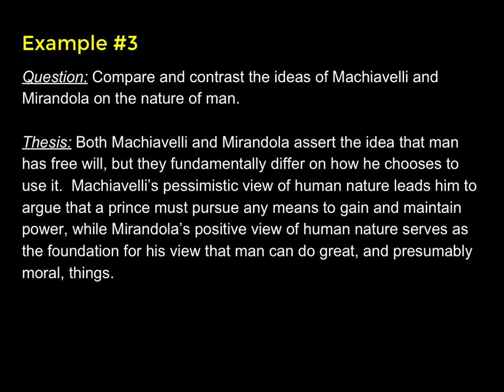So, how would you organize this essay? It may not be abundantly clear to you right now, but what I would likely do is have one paragraph on this point of similarity and a second paragraph on the point of contrast. And I would leave this as a two-body paragraph essay as opposed to a three-paragraph one.